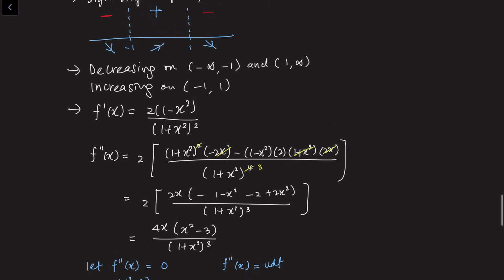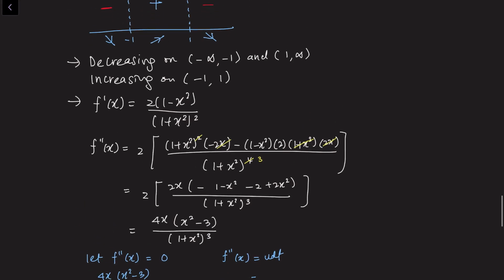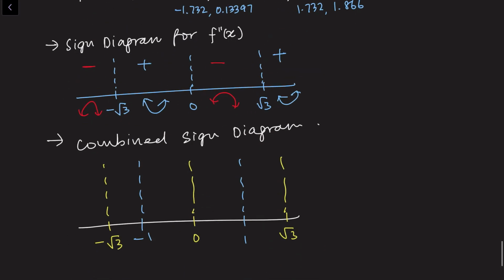Smaller than negative 1 is decreasing, then increasing, then decreasing. I think it is confusing to draw, so focus on the blue one: decreasing, increasing, increasing, and decreasing.